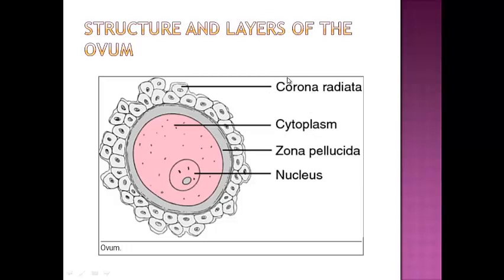Oh wow, corona, I just realized. So you've got the zona pellucida right outside the cytoplasm, and you've got the corona radiata outside the zona pellucida. Remember the sperm, in order to reach the nucleus of the ovum, has to penetrate all of these layers. And that's where the penetrative enzymes from the acrosomal region come into play.